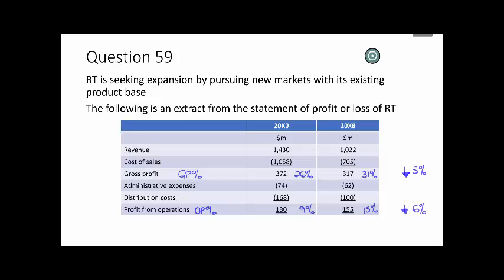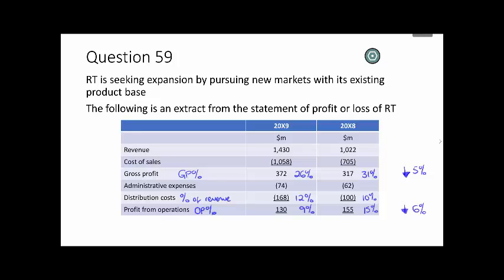The other thing to look at is there's mention in the answers about the distribution costs and whether they've gone up in line with revenue. So if we were to look at those distribution costs as a percentage of revenue, that might give us some indication of what's happened. And here, if we take the 168 divided by the revenue of 1430, we get a figure of 12%, where if we do the same for the previous year, we get a figure of 10%.